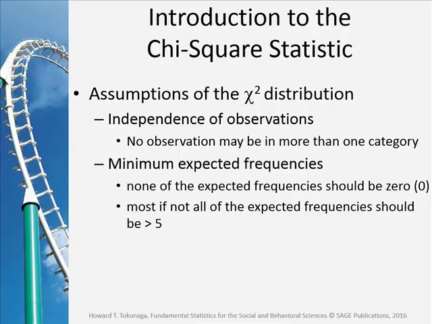If I have a room of 15 people, I should probably stick to Judeo-Christian, other, and maybe none. Like that would be reasonable, but really probably just a couple. I don't want to set myself up to make my chi-square not work.